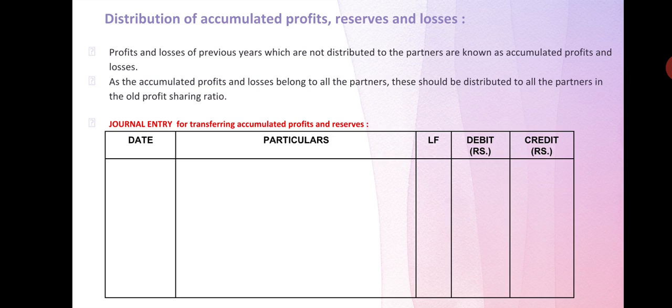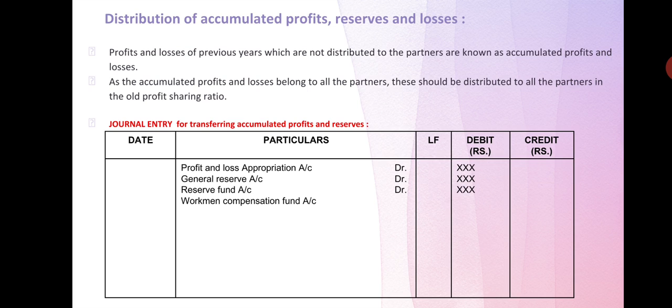The journal entry goes like this: profit and loss account debited, amount in the debit column; general reserve account debited, amount in the debit column; reserve fund account debited, amount in the debit column; workmen compensation fund account debited, amount in the debit column; investment fluctuation fund account debited, amount in the debit column; to all partners' capital or current account, amount in the credit column.